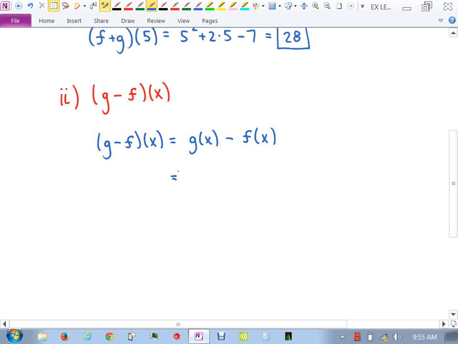Now g of x, I can just write down what g of x was. What was g of x? x squared minus 4. Yeah, we're using the same functions for all of these problems. So g of x was x squared minus 4, right? But now I'm going to subtract from it f. What was f? 2x minus 3.